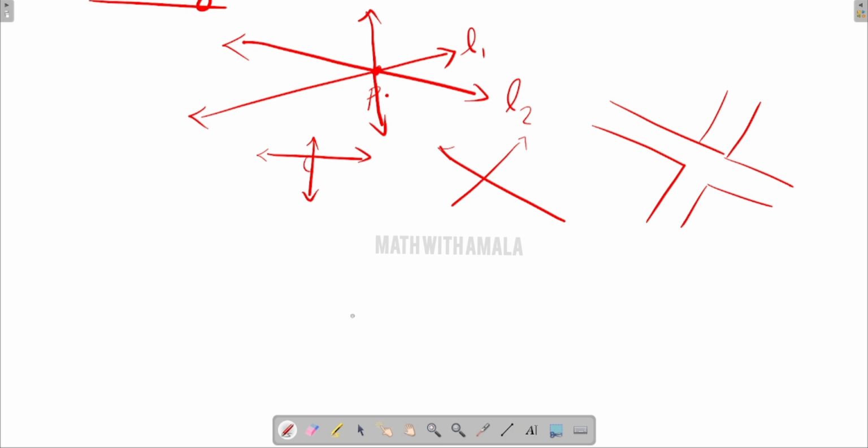Rather than only two lines through a single intersecting point, you can draw lots and lots of lines through the same point. It is actually an infinite number.